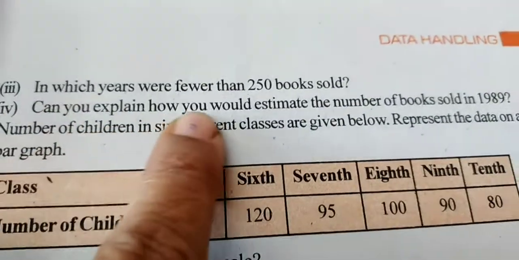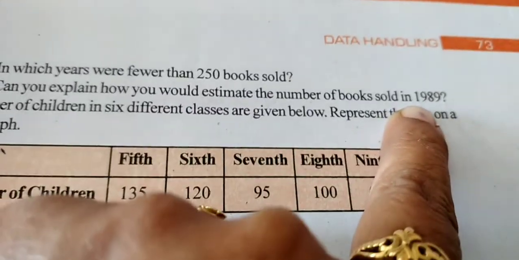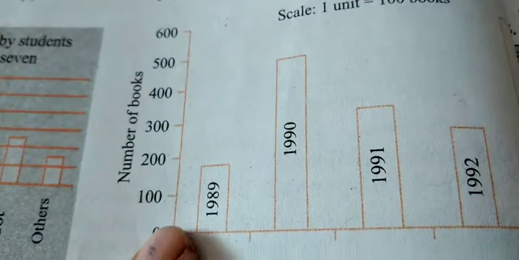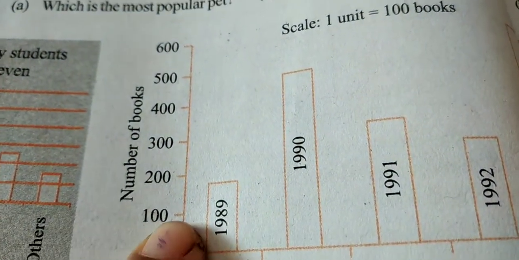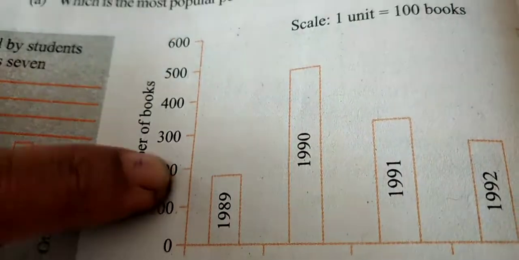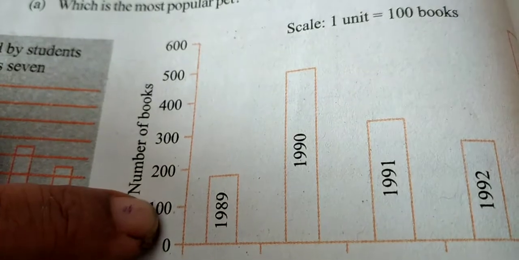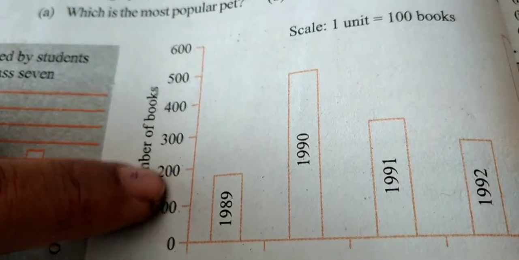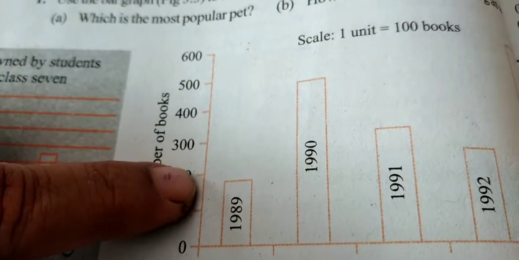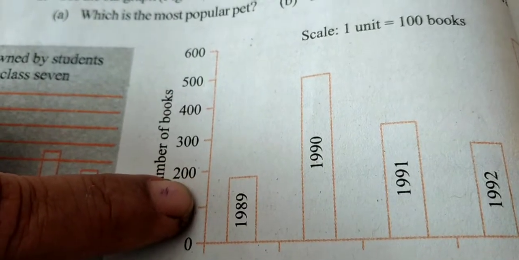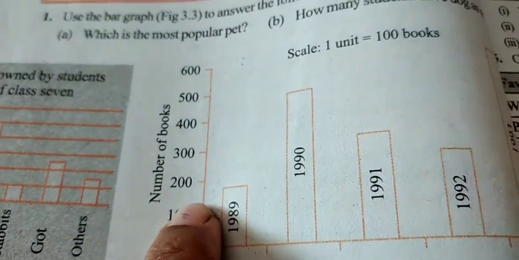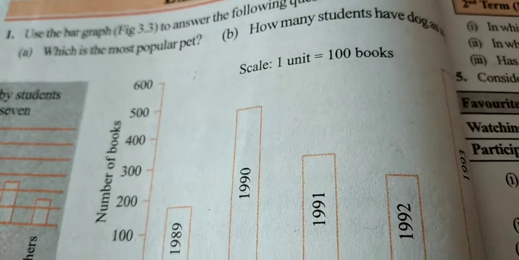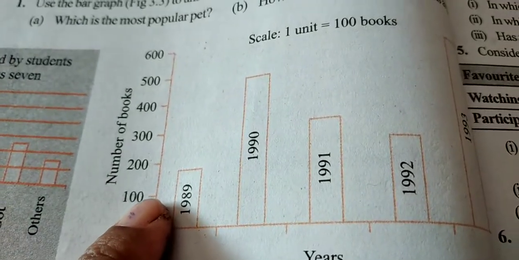Can you explain how you would estimate the number of books sold in 1989? How many books were sold in 1989, how can you estimate? As I told you, take equal parts of this unit. Between 100 and 200 there is a gap of 100, so divided by 10 if you have 10 lines, you will find that each line you have taken between 100 and 200 will have the value of 10 books.